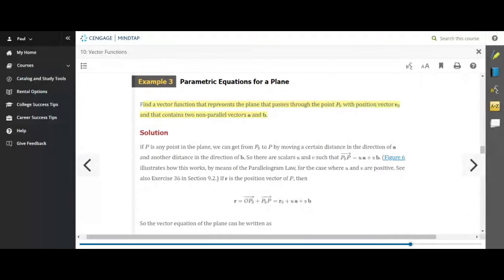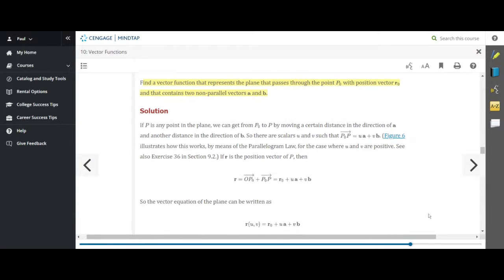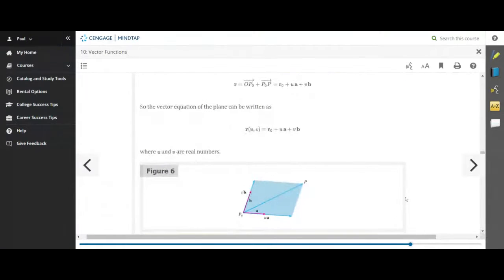So let me highlight the instructions here. We want to find a vector function that represents a plane that passes through a point with a position vector and contains two non-parallel vectors A and B. So how would we represent that? Well, here in figure 6 is a picture of a plane that contains the point P sub 0.